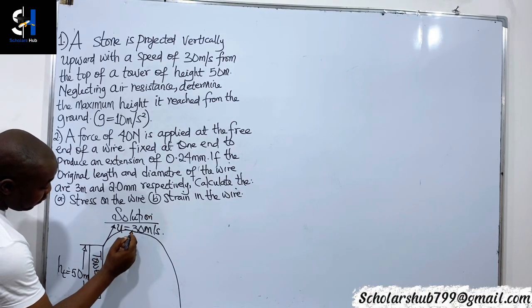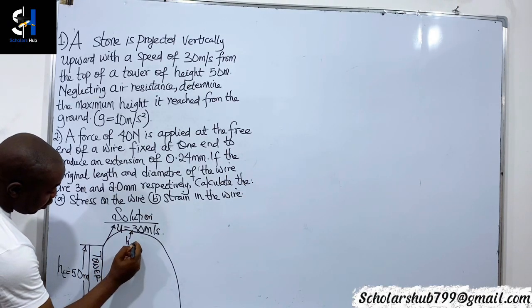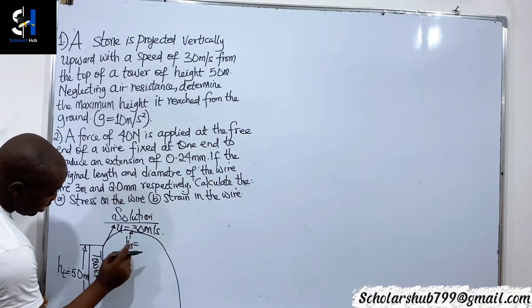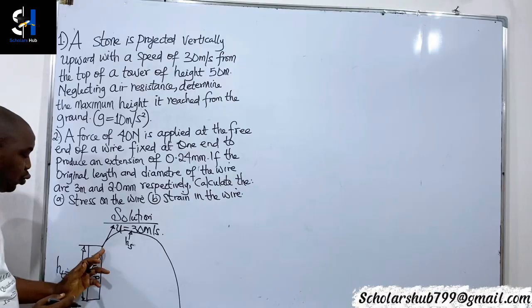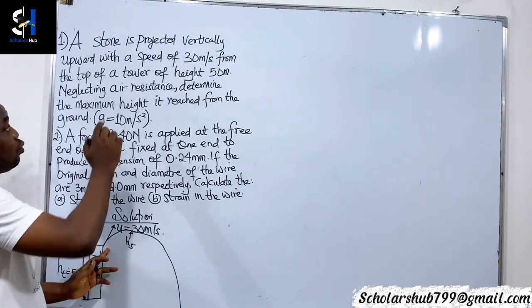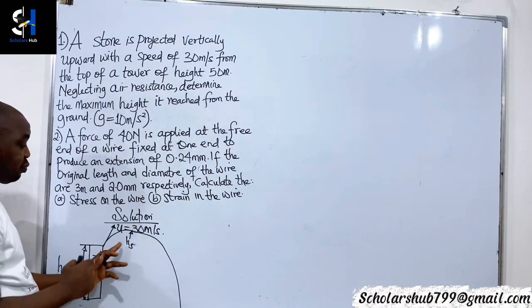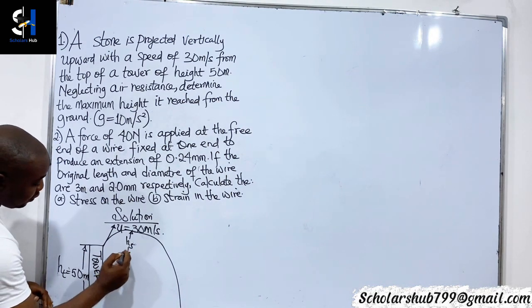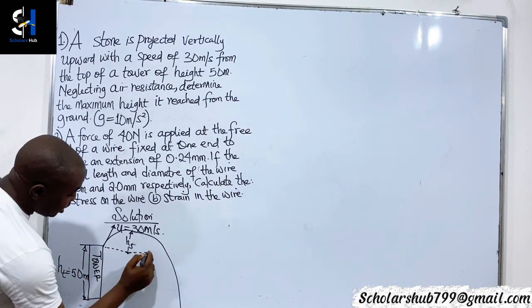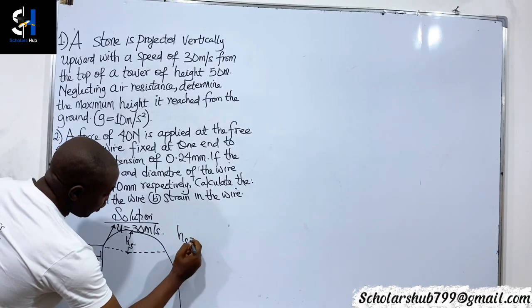Now the height to which the stone is projected, because the stone is projected vertically upward with a speed of 30 meters per second from the top of a tower, is the height of the stone, h subscript s.